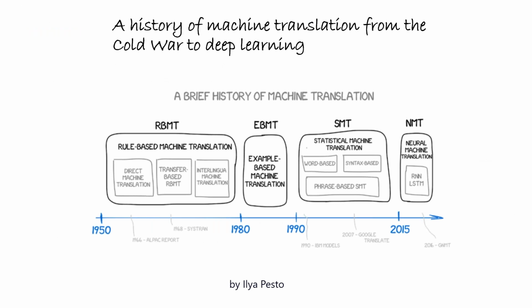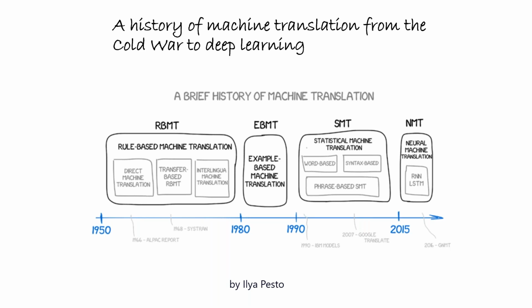So, a history of machine translation from the Cold War to deep learning. This is a very generic timeline which shows that in the 1950s rule-based machine translations were very much used due to the Cold War between the USA, Russia, and other countries. The USA took it as a challenge of translating the Russian language into English.